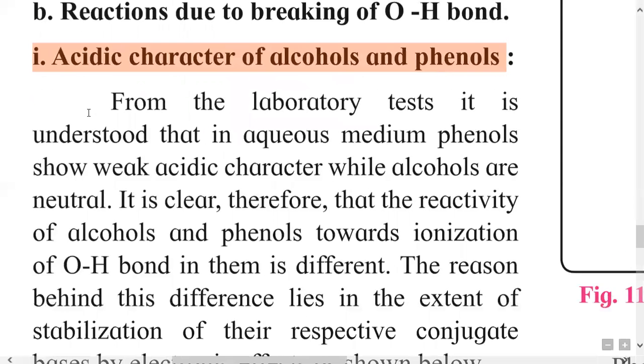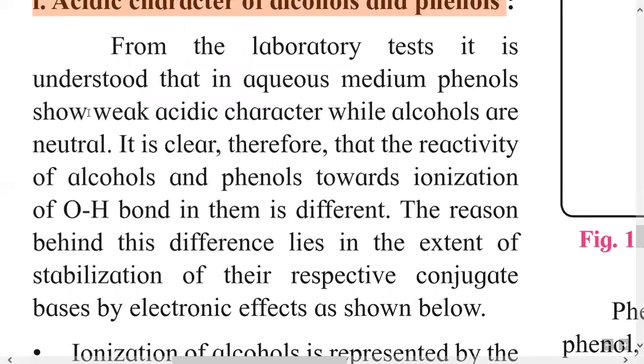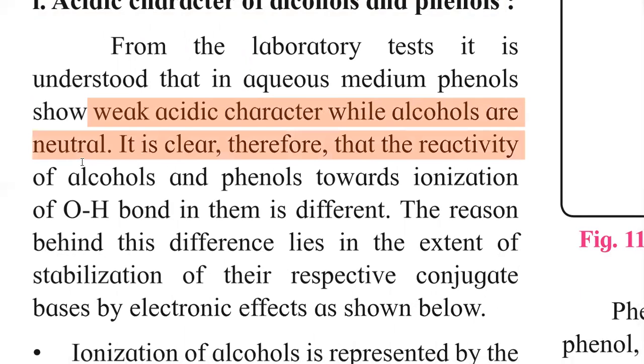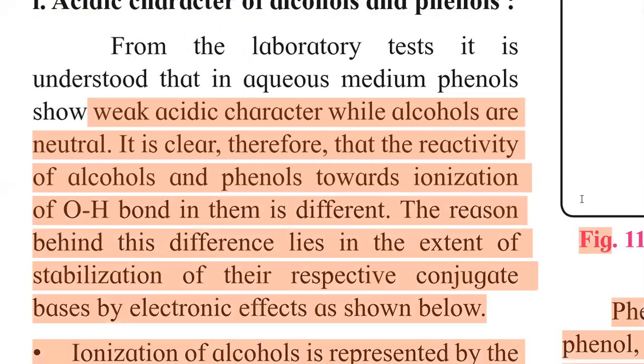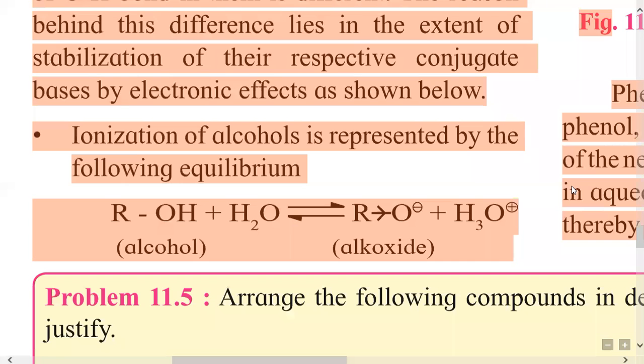From the laboratory test, we know that the aqueous solution of phenol shows weak acidic character and alcohols show neutral. Therefore, the reactivity of alcohol and phenols towards ionization of the OH bond is different. The reason is the stabilization of alkoxide ion.